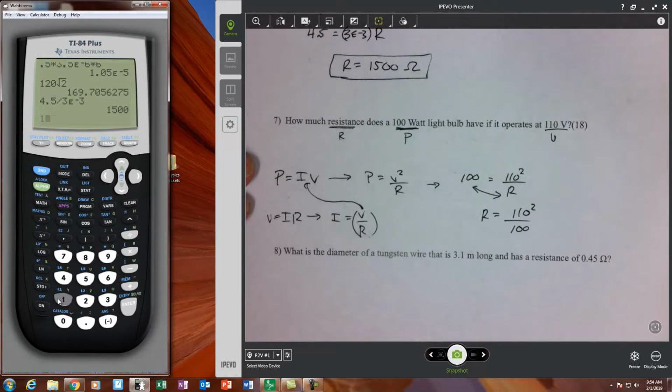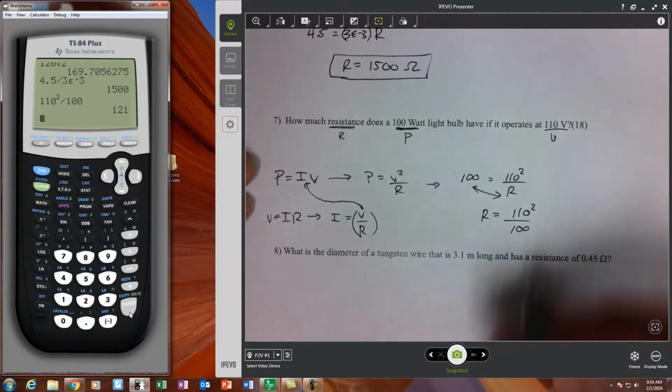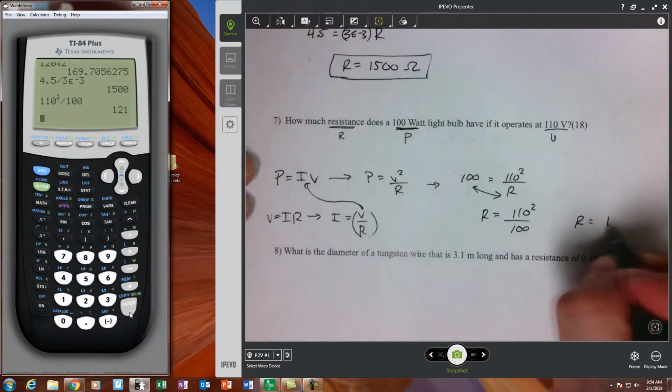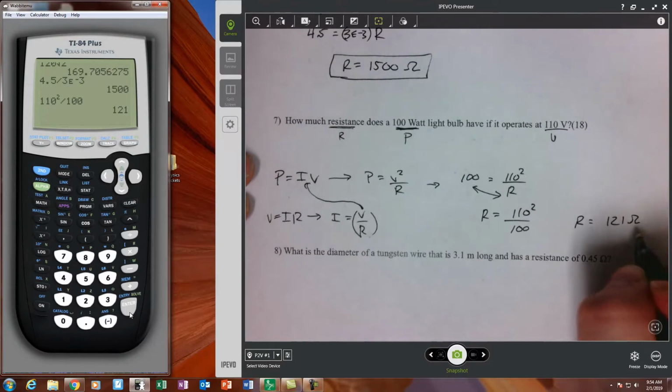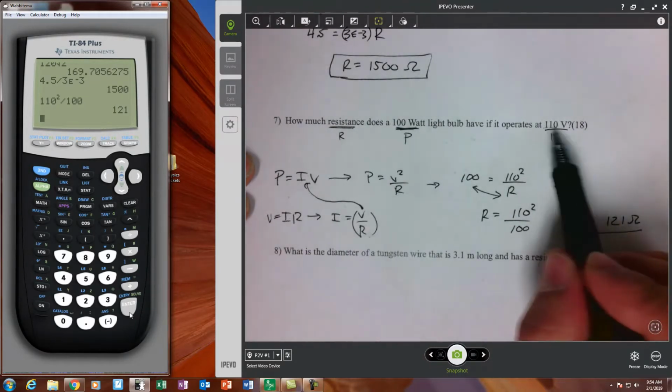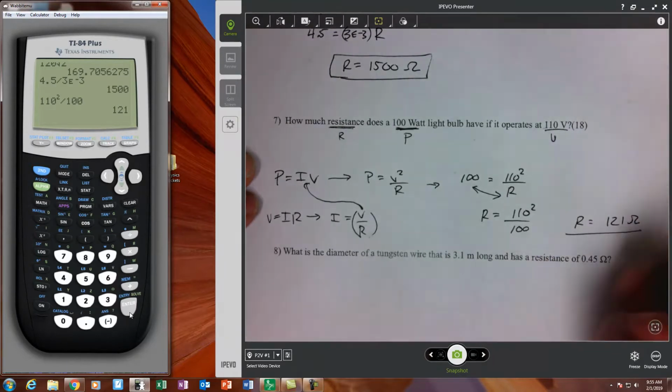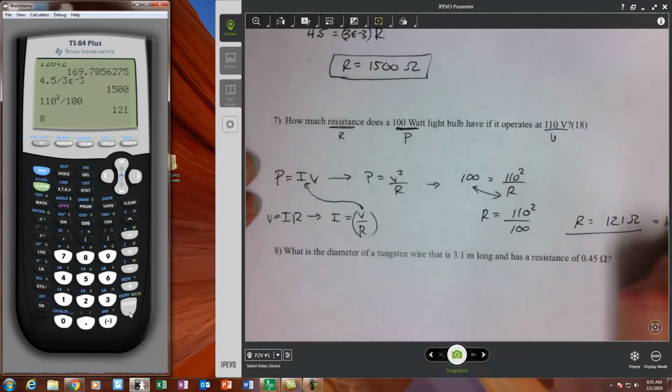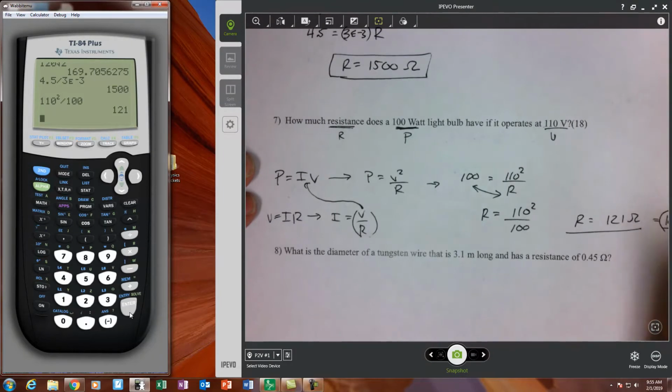So we take our 110 squared divided by 100, and we end up with an R value of 121 ohms. Now, technically it looks like I'm looking at only 2 sig figs here, so this should probably be 120 ohms. But if it turns out that we did have it correct to 3 sig figs, then we would want to include that third sig fig.